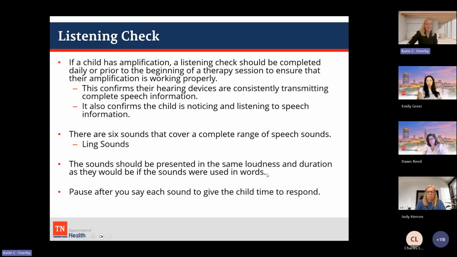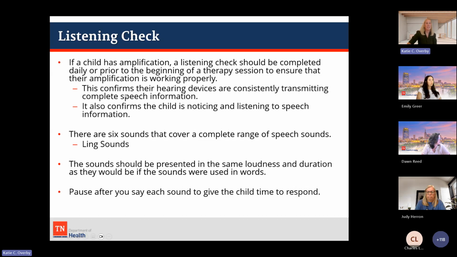So one of the things that I would recommend, if you have a child who is deaf or hard of hearing on your caseload, especially if you're about to provide direct services to the child, and that child has amplification, this is a simple way. It's called a listening check or a Ling sound check. This is a great way to ensure that the child's equipment is working, that you are getting the most bang for your buck while you're doing the session.